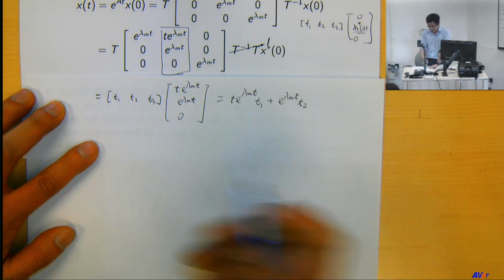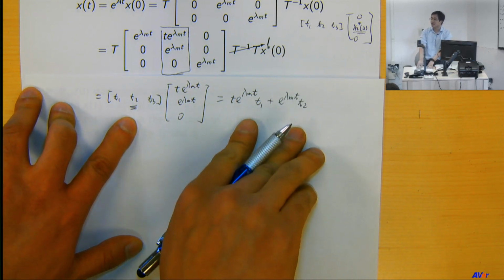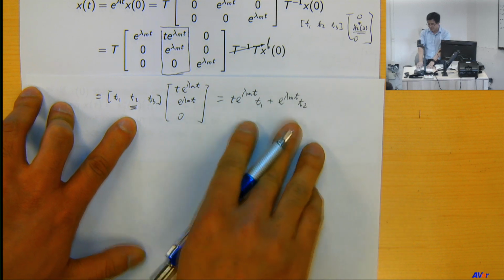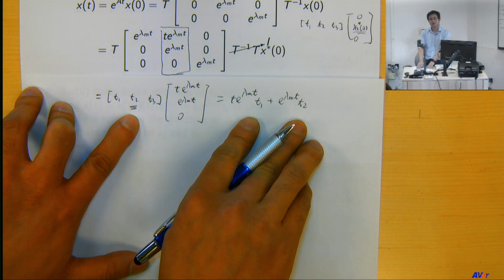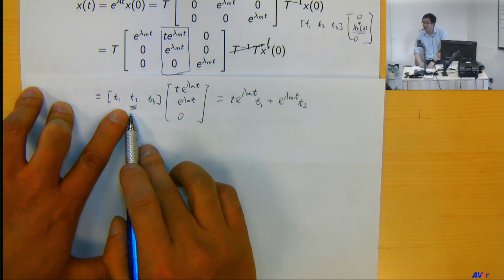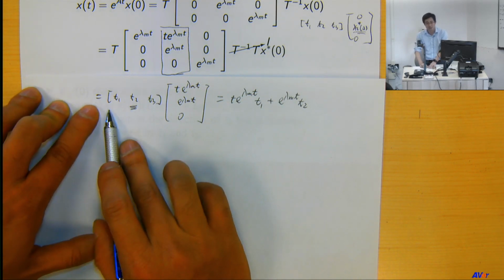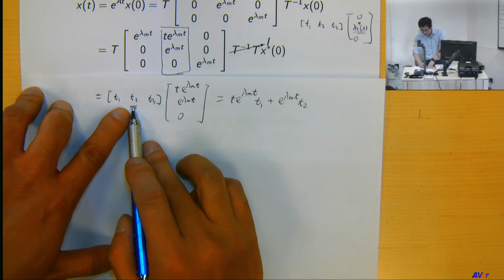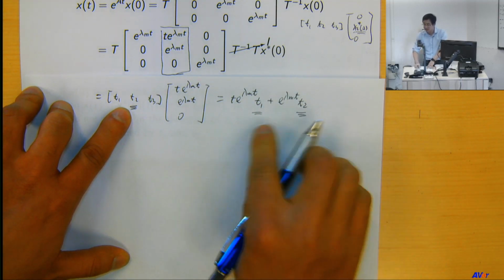All right. We started in the direction of T2. Now the result gives us that we are not directly aligned with T2, but we are a linear combination of T1 and T2. If you start in the direction of a generalized eigenvector T2, which is generalized from T1, you're going to stay in the space spanned by T1 and T2.